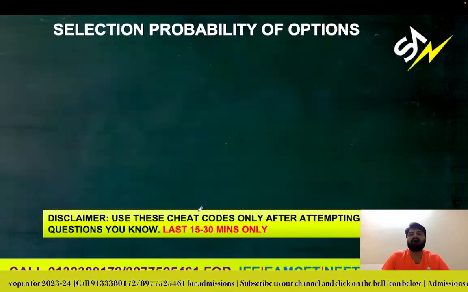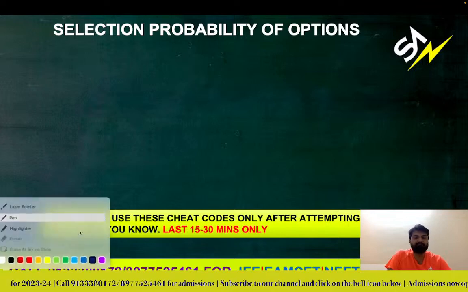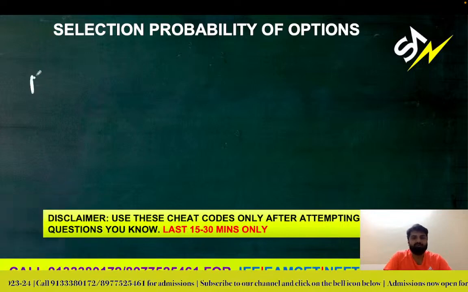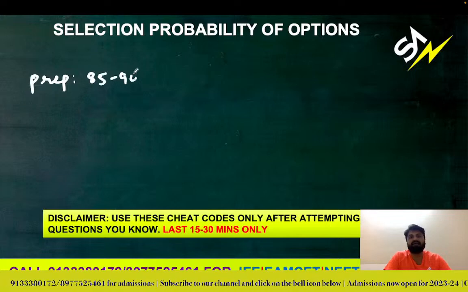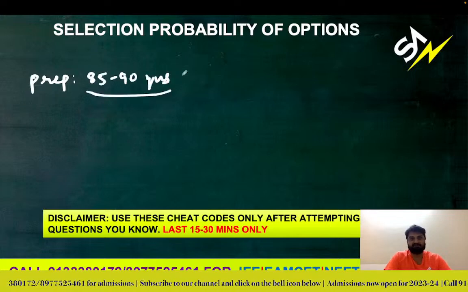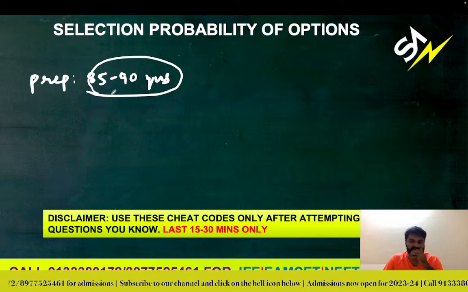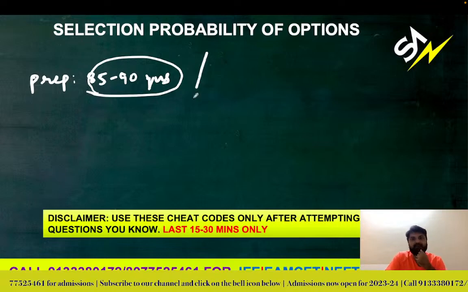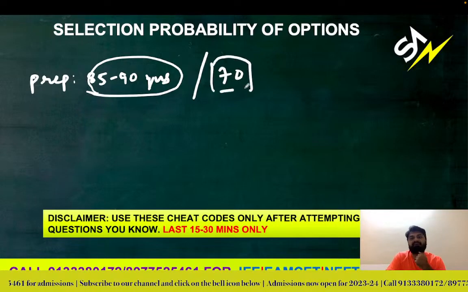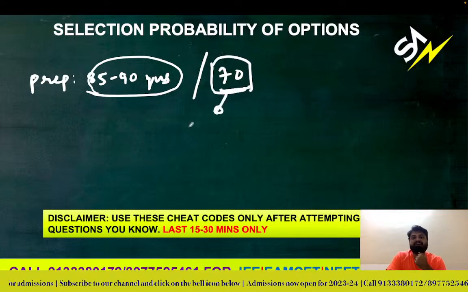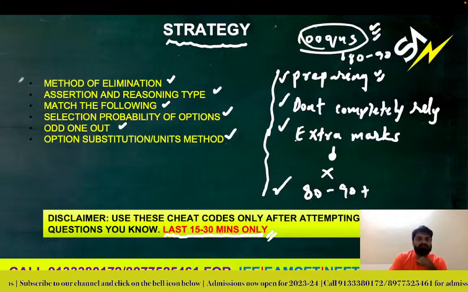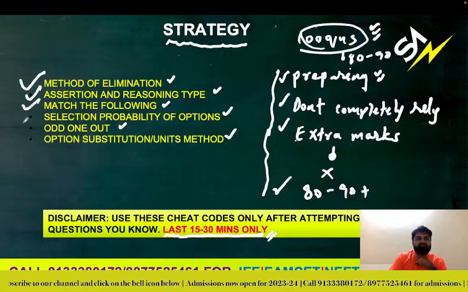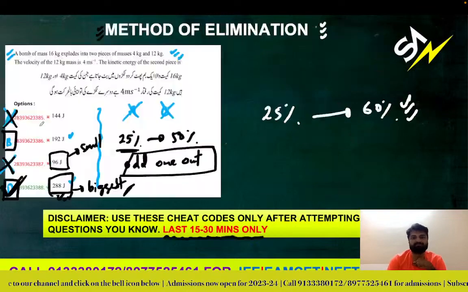Now coming to the last method, let us say first, using your preparation, you solved 85 to 90 questions. So the remaining questions in the exam are 70. Out of these 70, let us say you used all these methods, like method of elimination, assertion reasoning, match the following, odd one out, option substitution method.